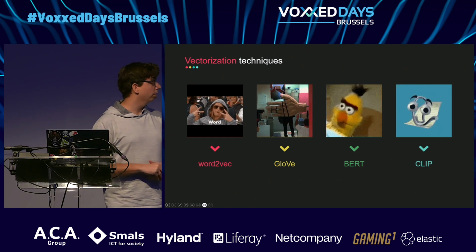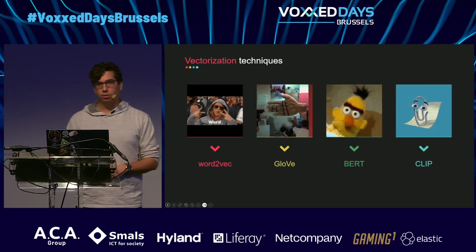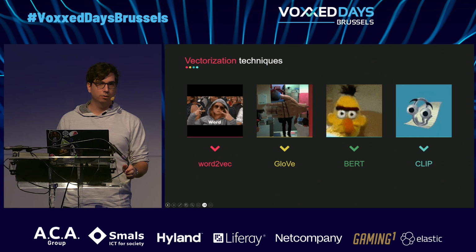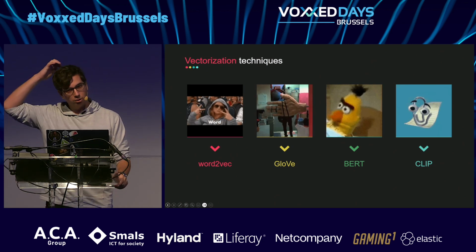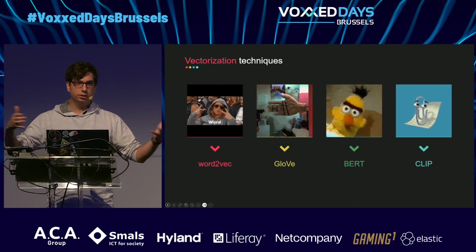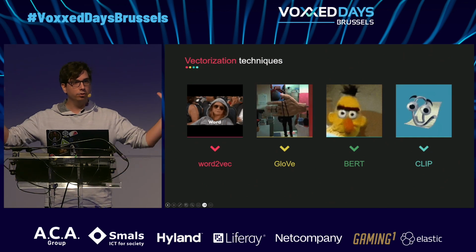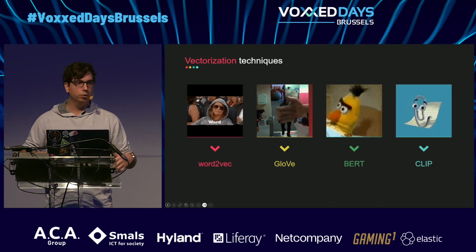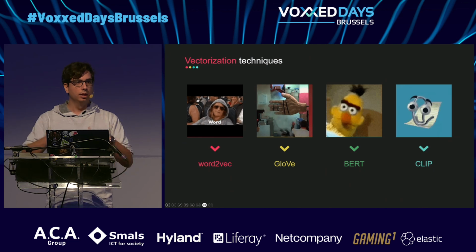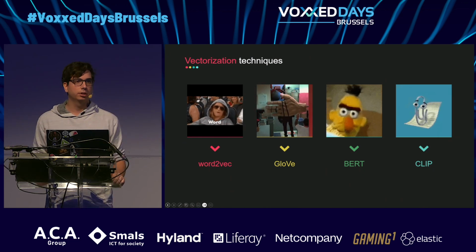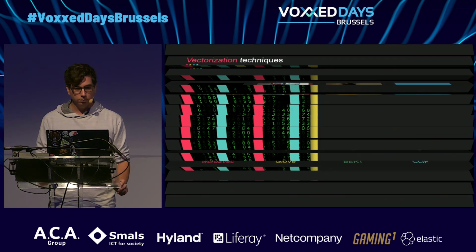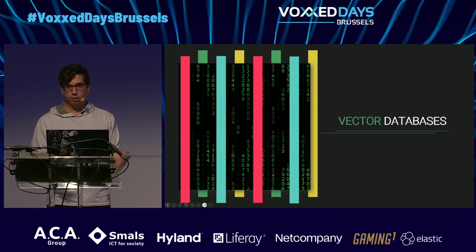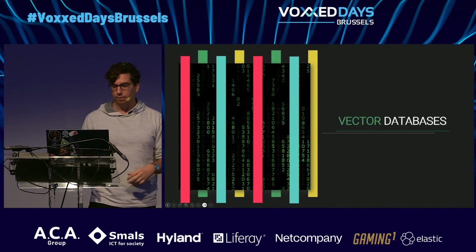And right now we have, for example, OpenAI CLIP, or Gemini, if you went to the Google talk a couple of slots earlier, that are multimodal. So these models can get different types of input, images, video, et cetera, and vectorize them into the same vector space. All right, so that's what vectors are in short.